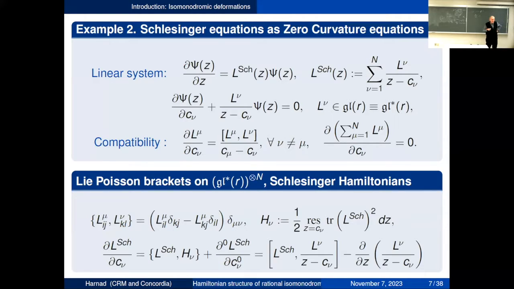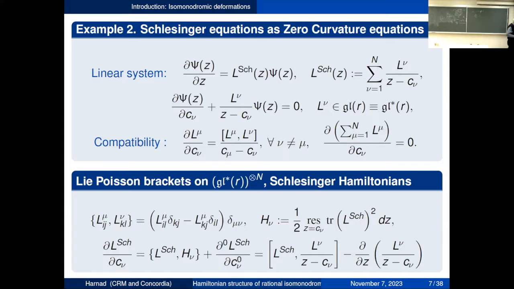So if you know the algebras, you should know Lie-Poisson structures on their duals. So here it is. Every one of these numerator matrices belongs to GLR, and they don't see each other. They Poisson commute with each other. It's just a direct product space. So the Poisson bracket of anything from one of these with another one is always zero.